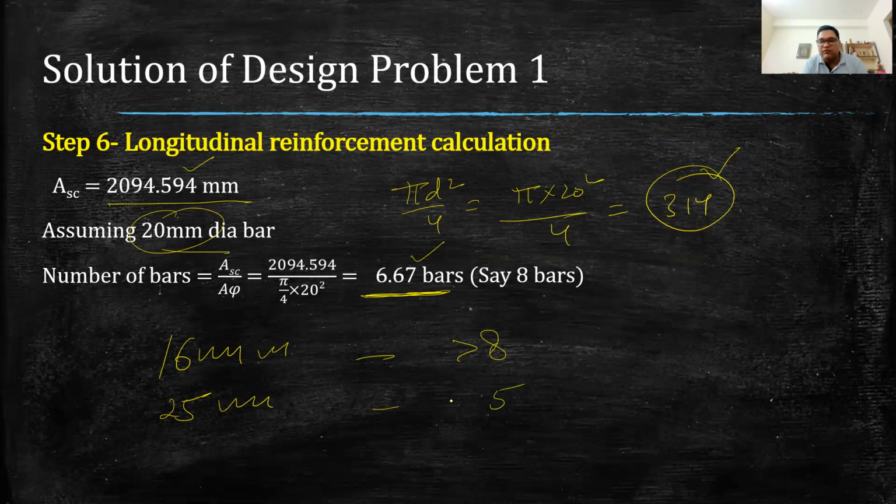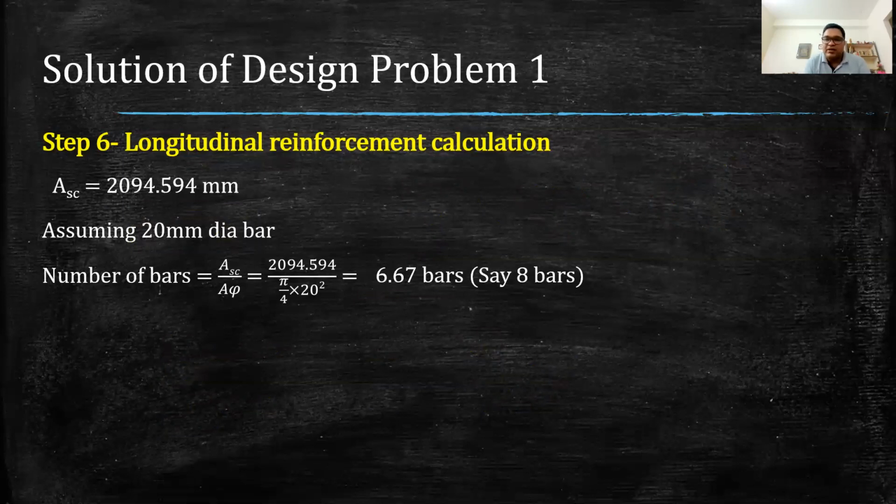So in that case also we can't decrease this number to 4, and increasing this number to 8 will cost us more area of steel. So that is why this 20 mm dia is a suitable choice. That is why I have assumed 20 mm dia of bar. So in your problem you can check the number of bars by taking different dia of bar to suit the requirement.